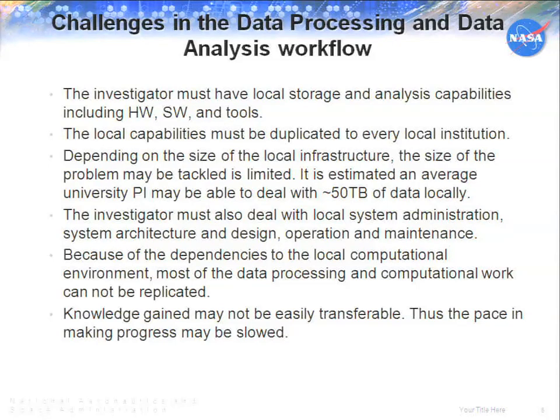That entire process becomes very locally dependent, and it's not easily portable. So you cannot exchange your workflow with other people. We talked this morning about how interoperability is important. So the knowledge gained may not be easily transferable.